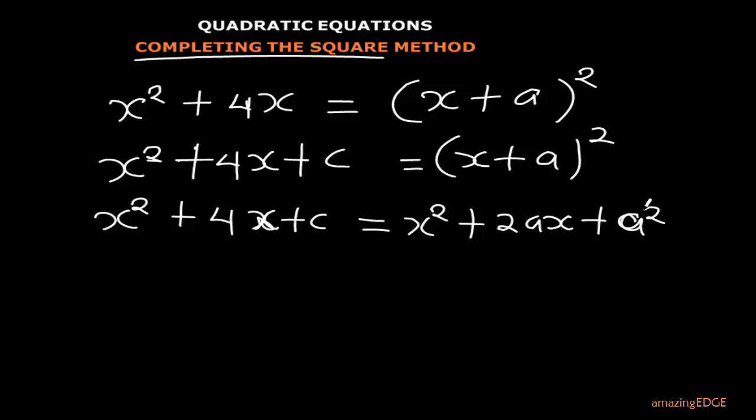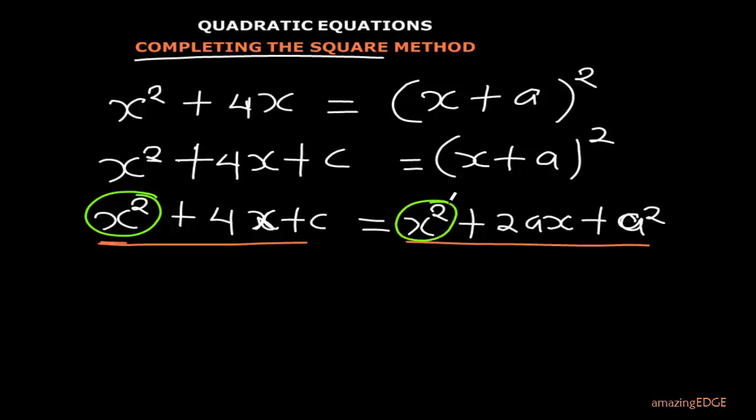Now, it means that this is equal to this. So two of them are equal. It means that for this equality to hold, this x squared is equal to this x squared, this 4x is equal to 2ax, and finally this c is equal to a squared.